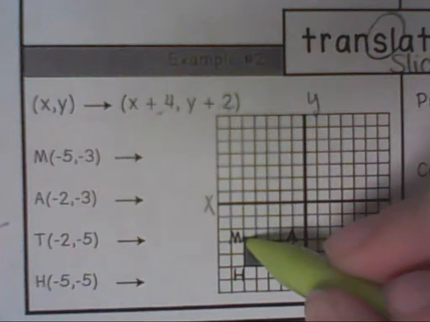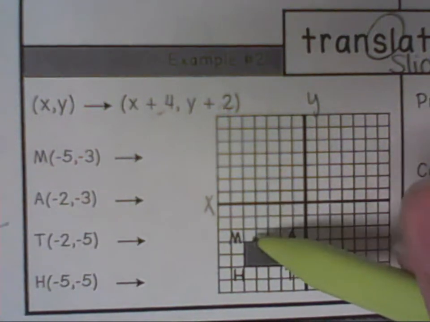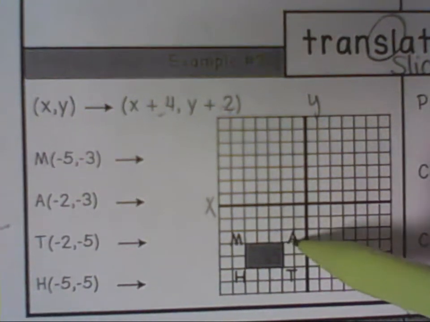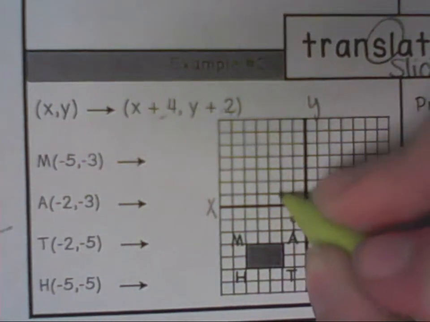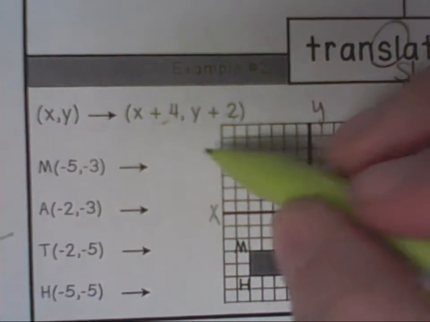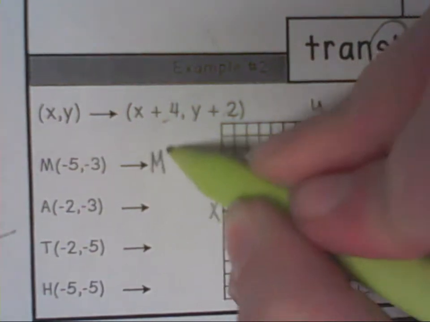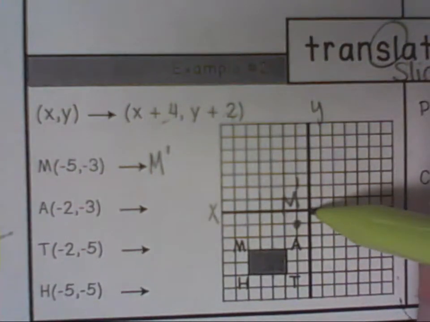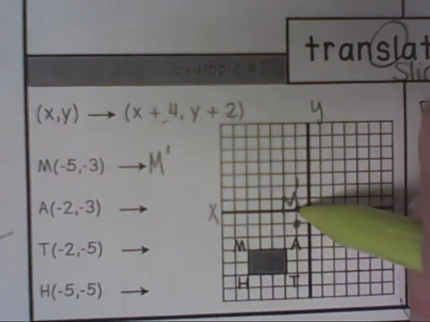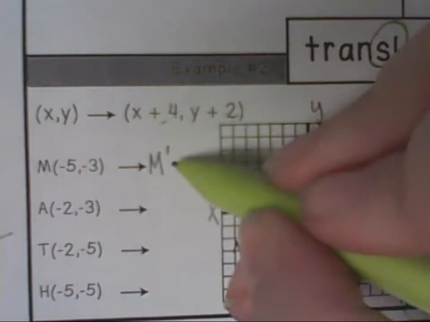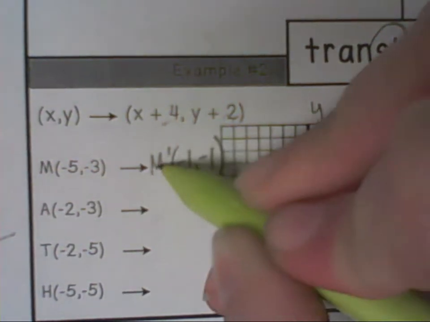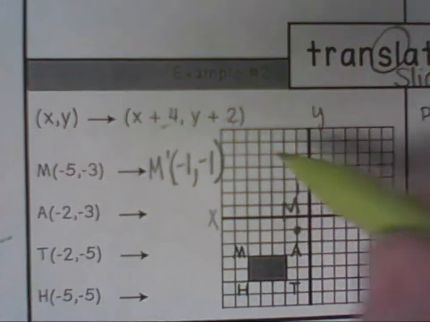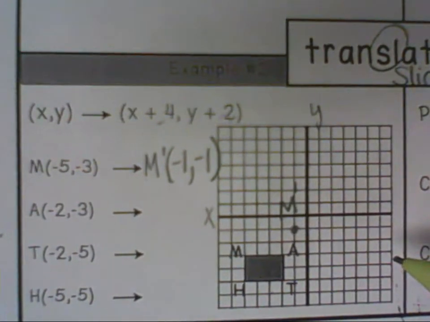So let's count. 4 units right, 2 units up. 1, 2, 3, 4. 1, 2. Label it M prime, and we name it from the origin. So it is at -1, -1. So our new point for M prime after it's been translated is -1, -1.